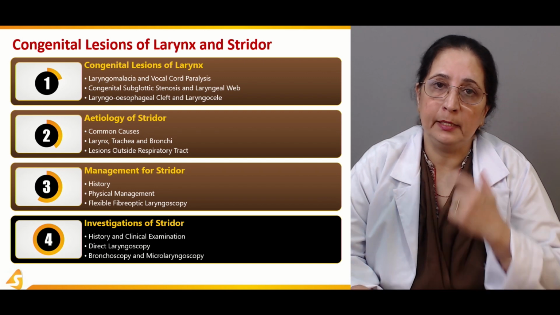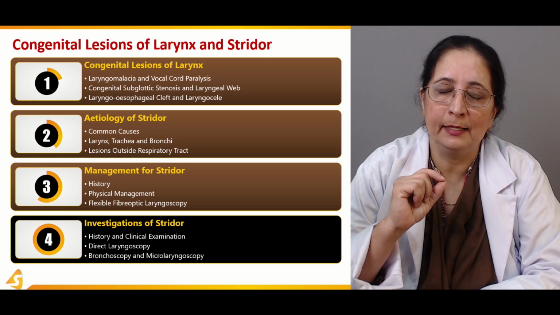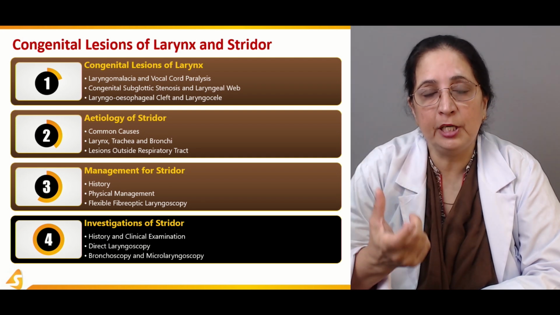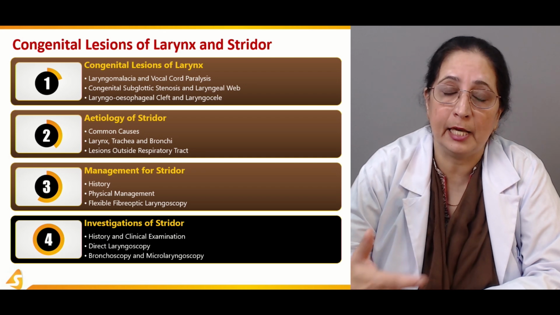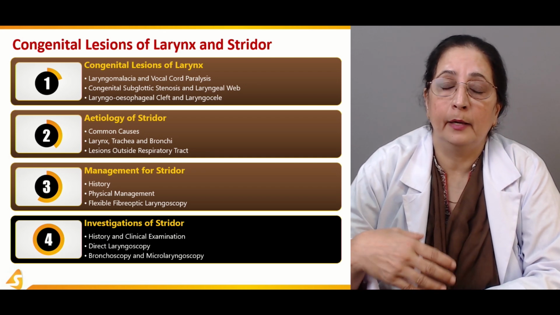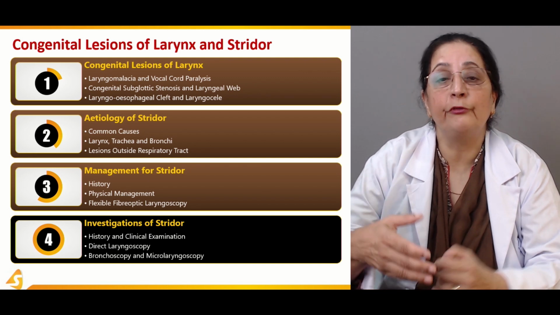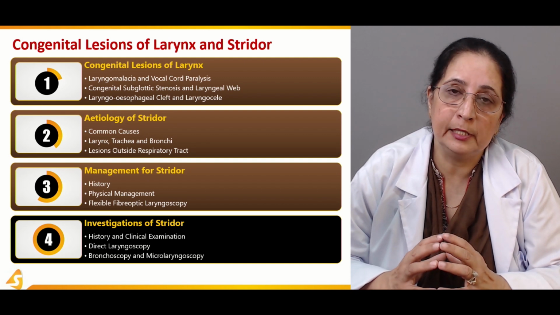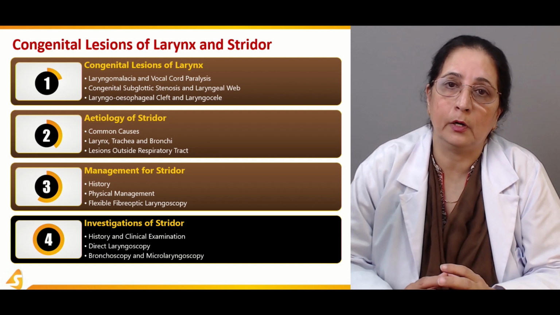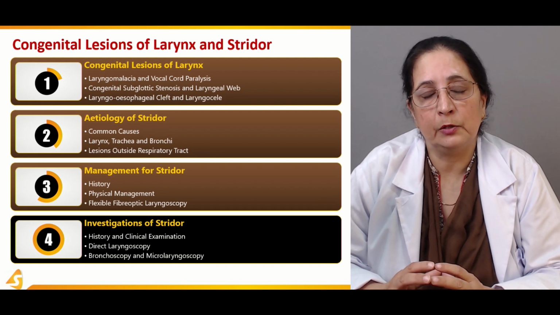As I mentioned in the previous section also, history plays a very important role in reaching the final diagnosis, or we can say the differential diagnosis or probable type of diagnosis, the provisional diagnosis in exact words. So history is important in reaching the final provisional diagnosis.